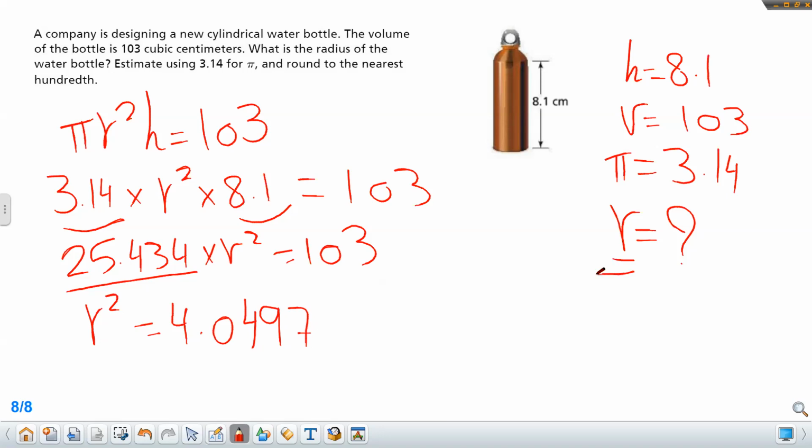So how to find the radius? Using square root. So square root of 4.0497 will be approximately 2.01 to the nearest hundredth. So you need 2 decimal places.